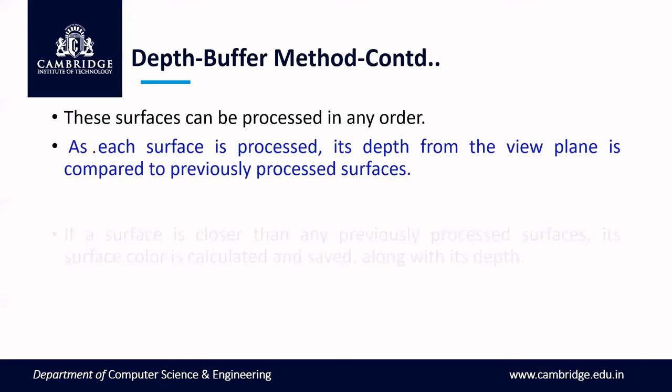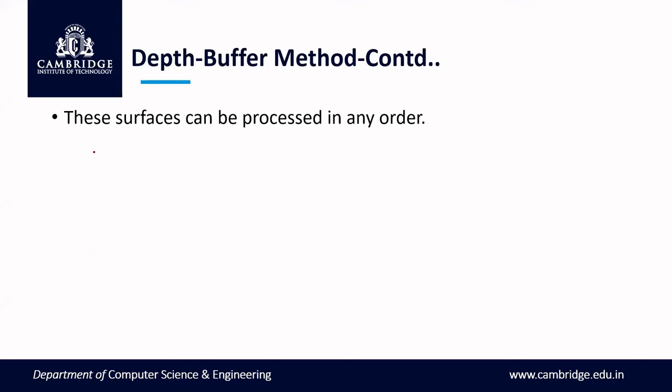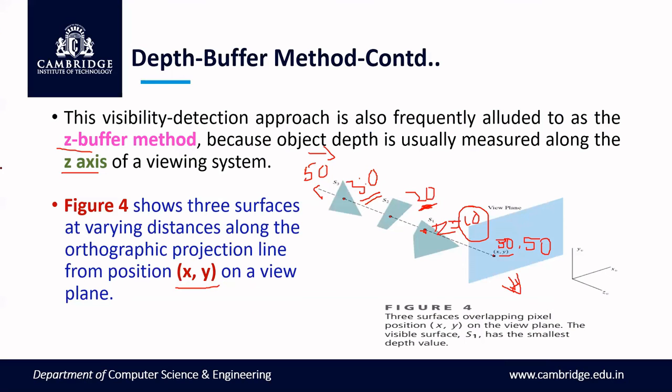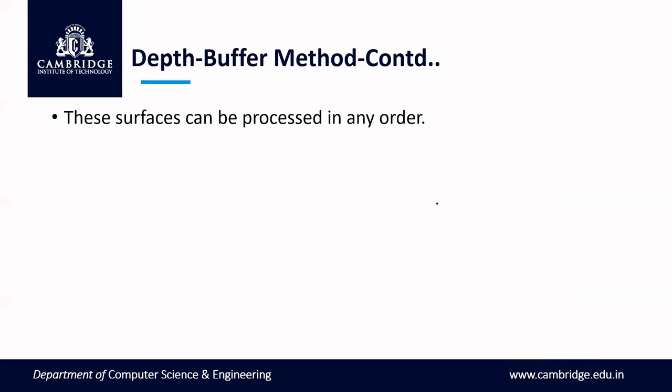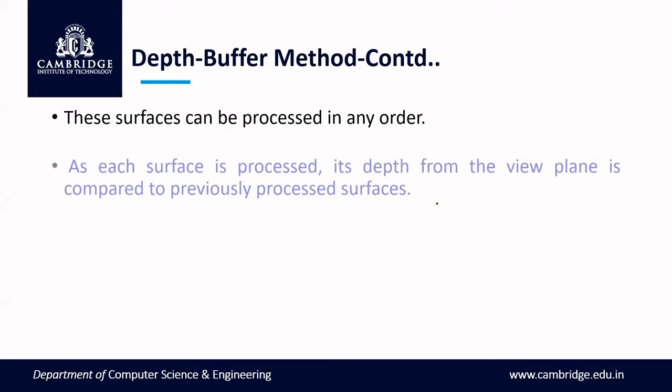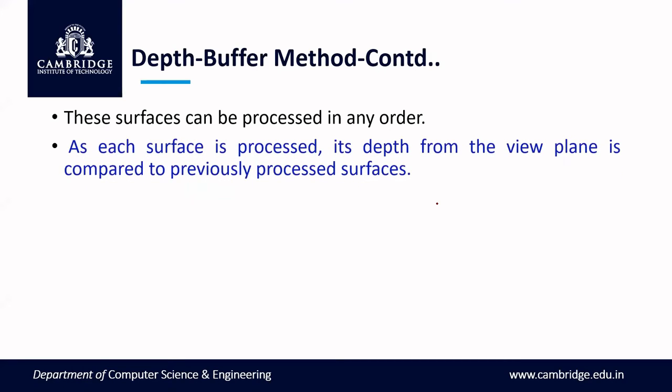Now whatever I have told you in brief with respect to the diagram, the same thing we are going to discuss here. Let's check here. These surfaces can be processed in any order. You can start processing in any order, either from the far plane or from the near plane, as each surface is processed by its depth from the view plane.